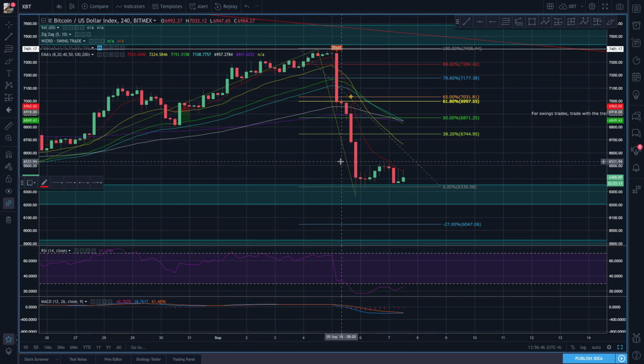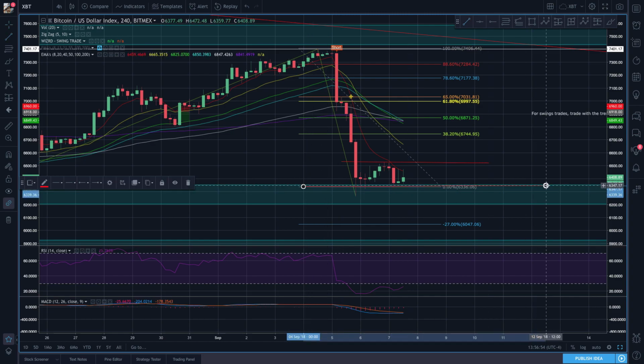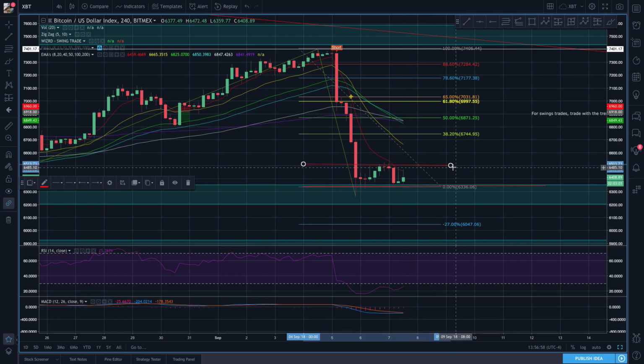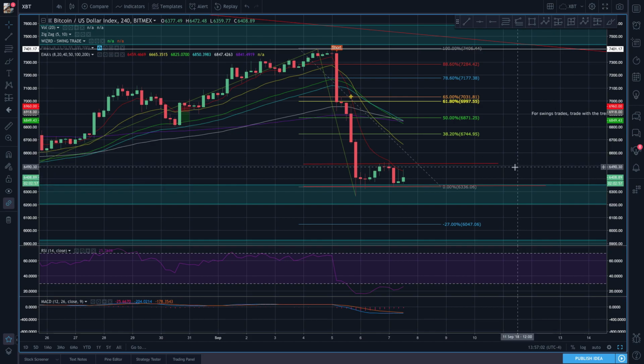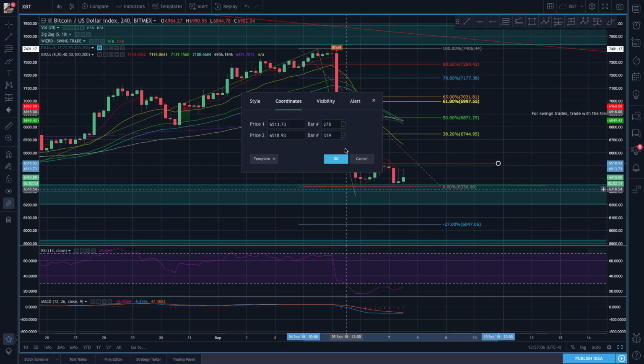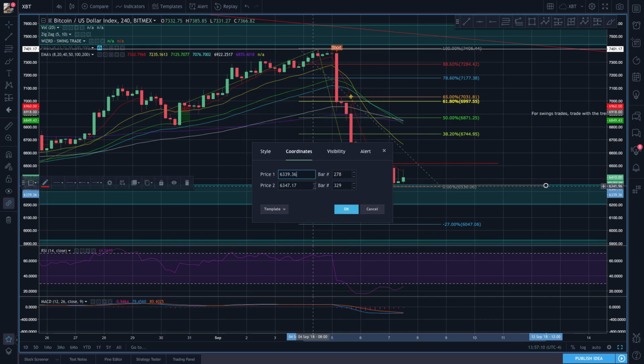So let's draw the trend right here. The trend line is the support and resistance, right? That's what it is. So it's range bound right now. It's pretty much range bound between 65.15 and 63.40.